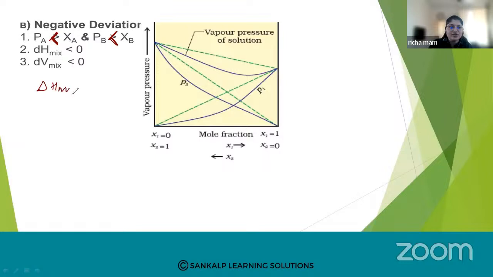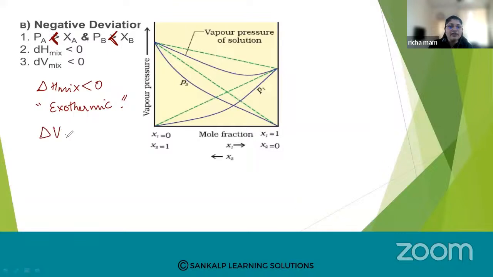Then what is the first point for such a solution? Delta H mix is less than 0. So what happens after mixing the pure components A and B? The resulting solution will be exothermic in nature. So delta H value after mixing will be less than 0.